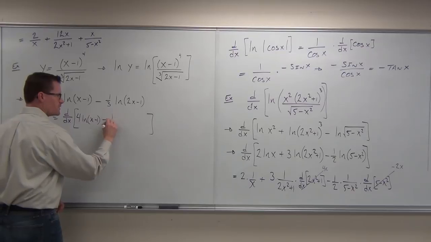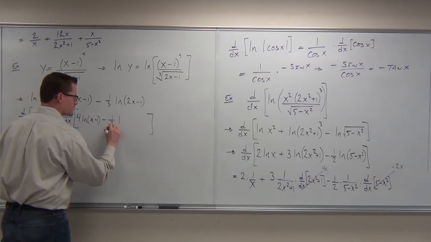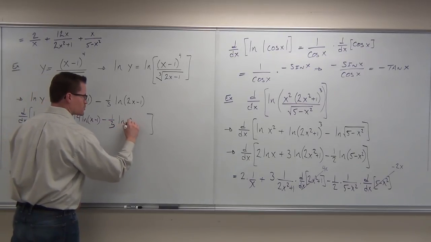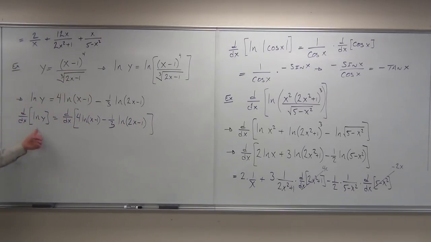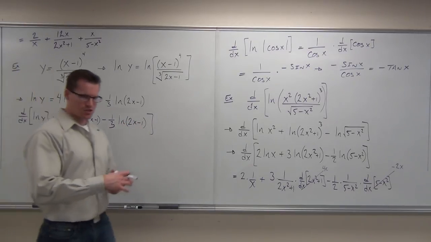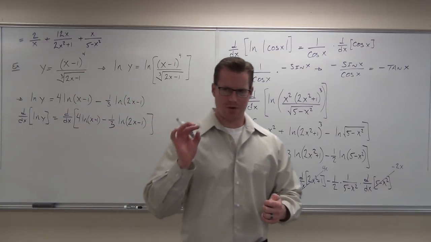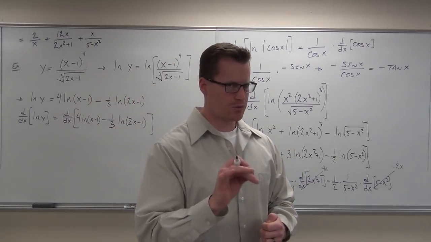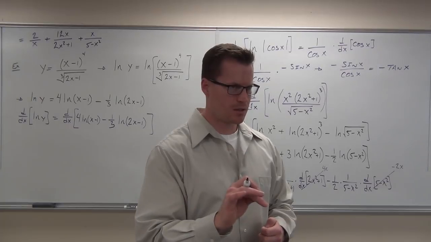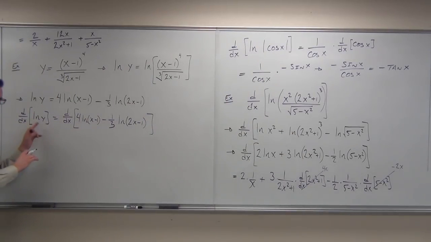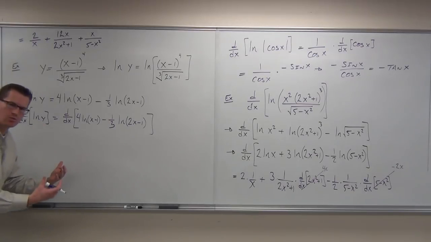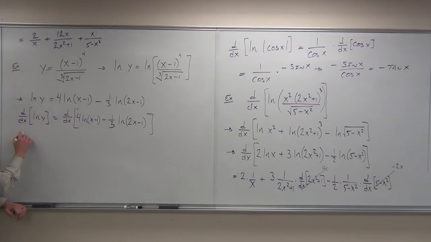You'll notice that our derivative is with respect to x, which means that we treat y as a function of x. What that means is that we do our derivative just like normal. So what would the derivative of ln y be? 1 over y. Very good, but because this is a function of x, we have to show the chain rule. So this looks like 1 over y for sure, but you get the y prime.